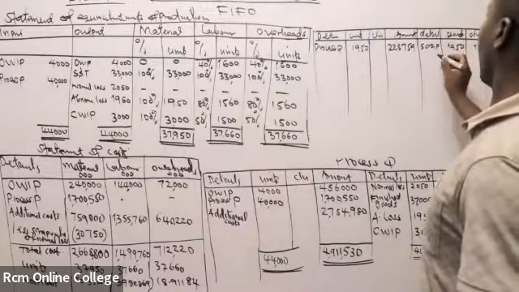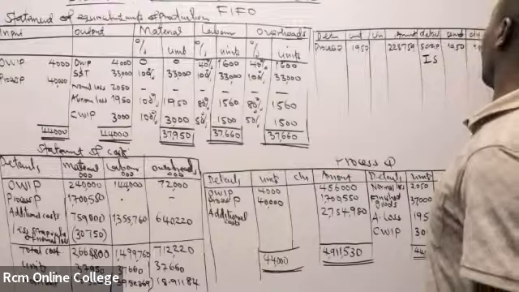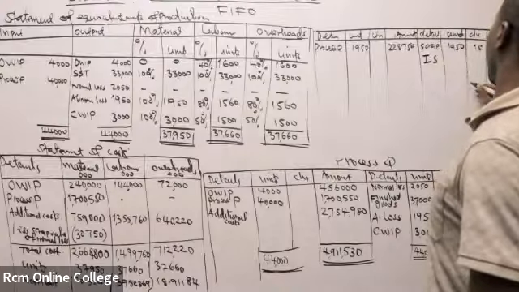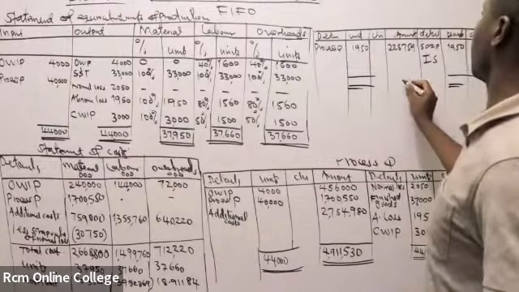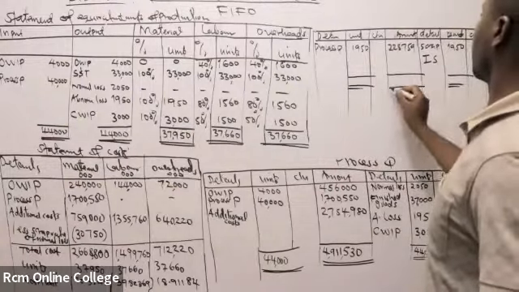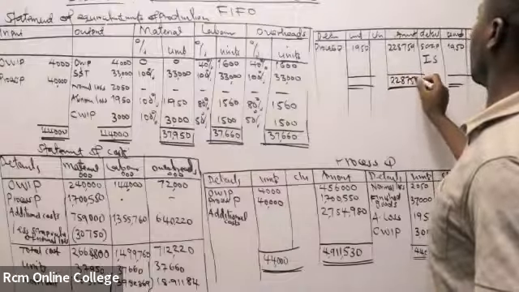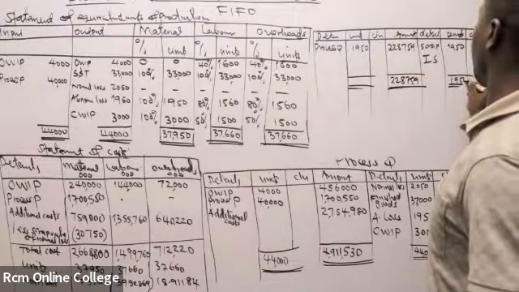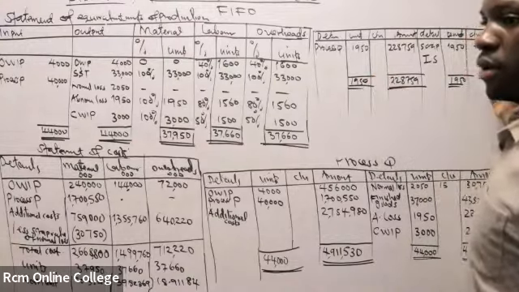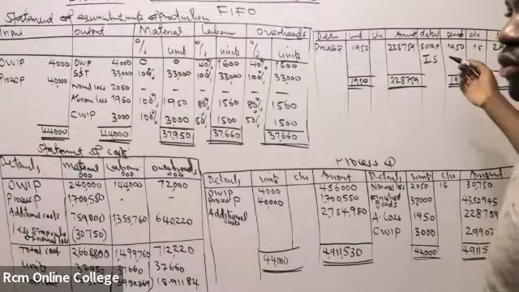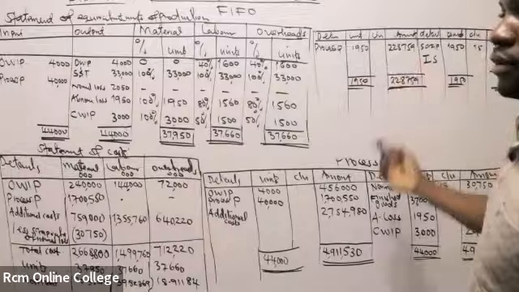Abnormal loss, we are going to do what? We are now taking this to income statement as a loss. Can you give me the balancing figure? What is our balancing figure? 228,759. Balancing figure, the difference between what you posted there and the 228,759.